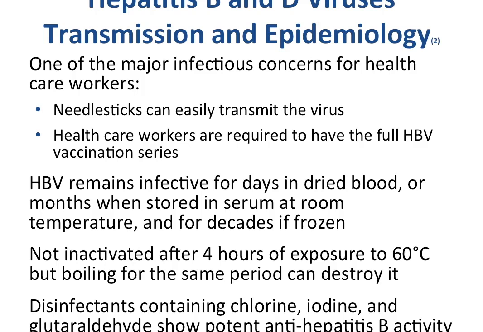HBV can also infect healthcare workers, for example through needle sticks. Needle stick is also a transmission route for the virus. That's why healthcare workers are required to have the full HBV vaccination.